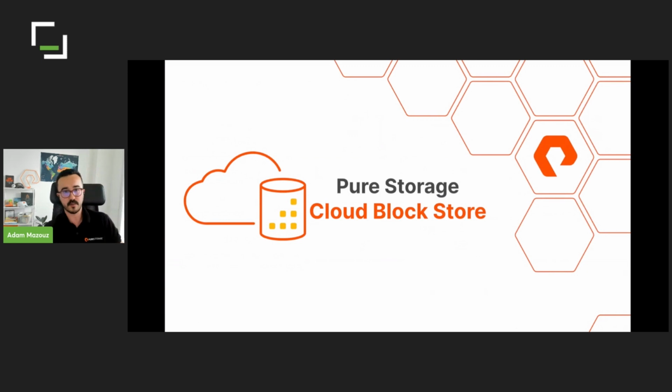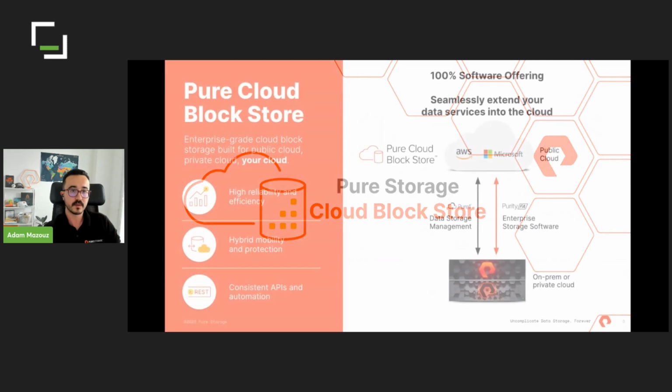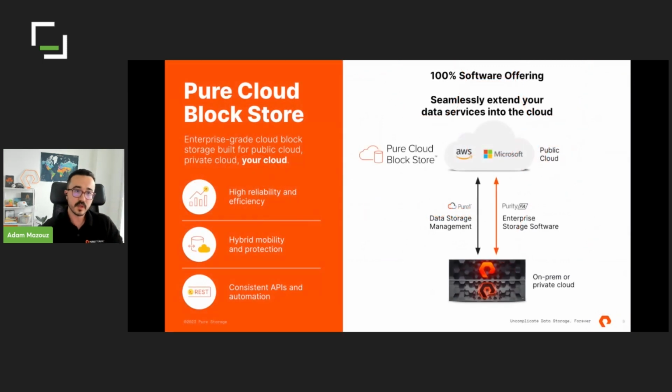Enter Pure Storage Cloud Block Store. In short, we call it CBS, and it delivers enterprise-grade storage functionalities in the public cloud. What we've done with Pure Cloud Block Store is we looked at how FlashArray is built, what really sources the powerful FlashArray: the Purity software that runs in the operating environment on the controllers of that FlashArray.